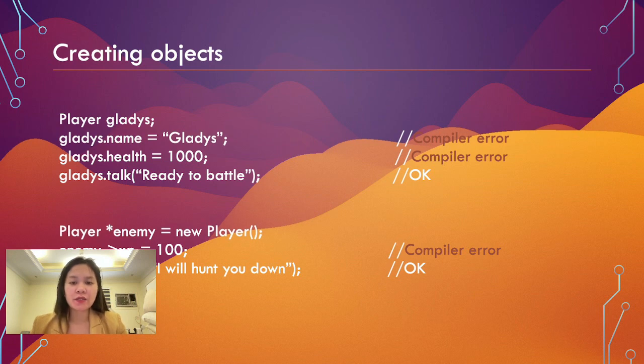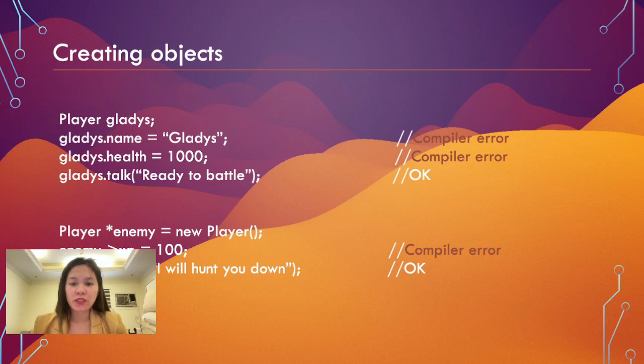So, Player Gladys, Gladys.name equals Gladys. When you compile this, it will be marked with a compiler error. And also Gladys.health equals 1000 will be a compiler error.